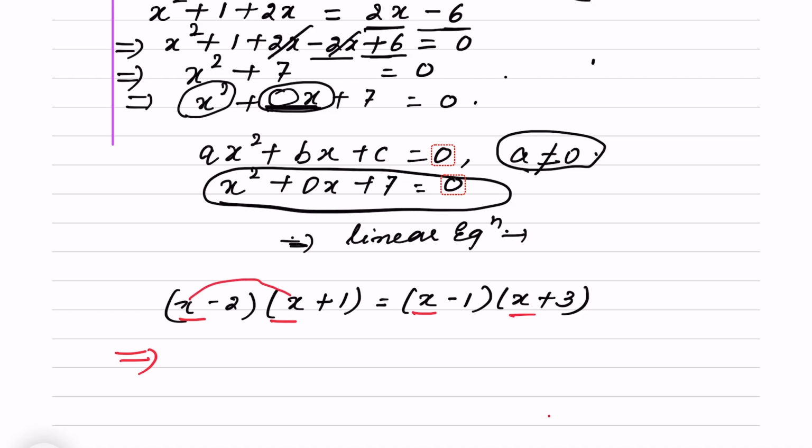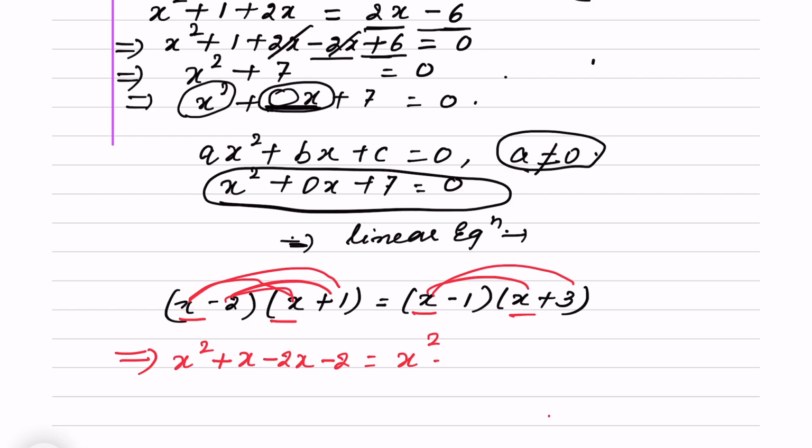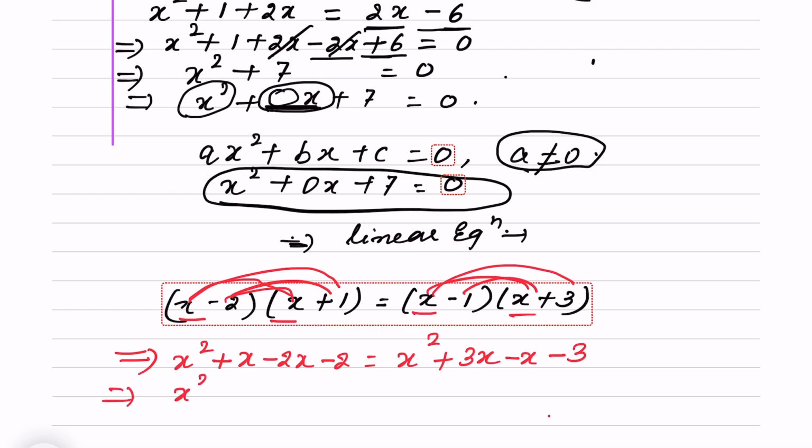So x into x is x square, x into 1 is x, minus 2 into x is minus 2x, minus 2. Here again x into x is x square, x into 3 is 3x, minus 1 into x is minus x, and minus 3.